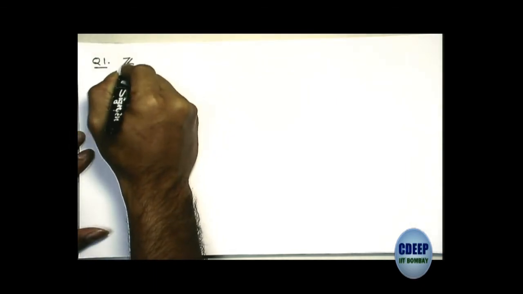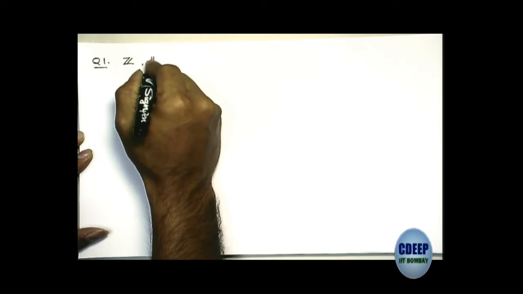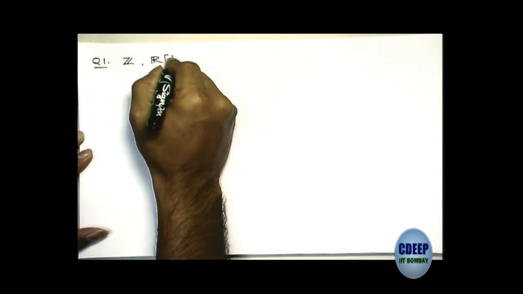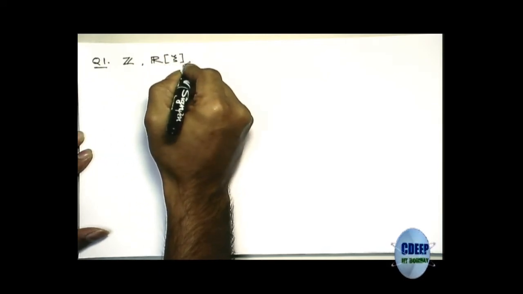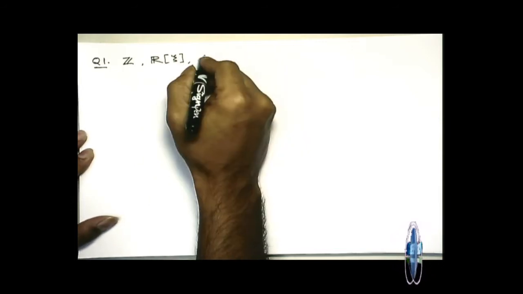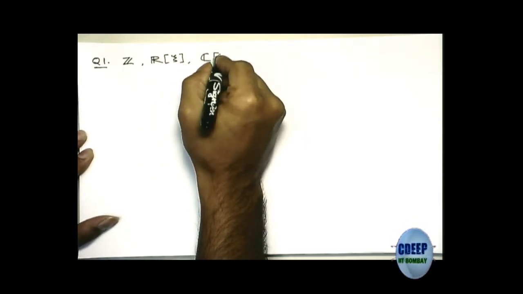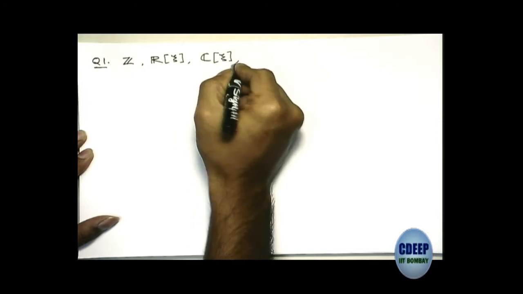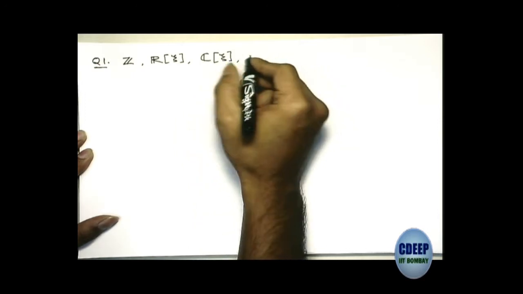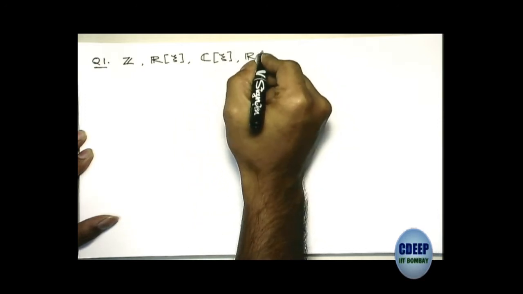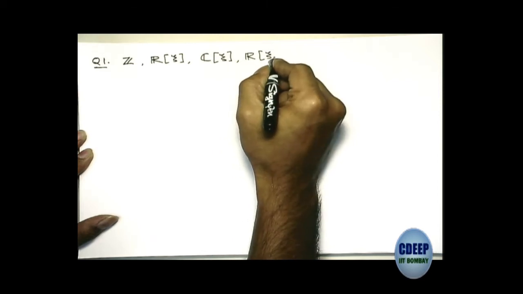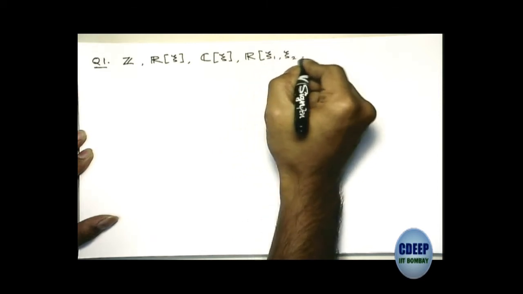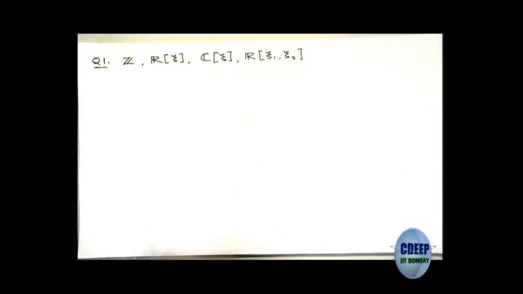Show that Z is a ring, this is a commutative ring. Well, this also is a commutative ring. This is also a commutative ring.